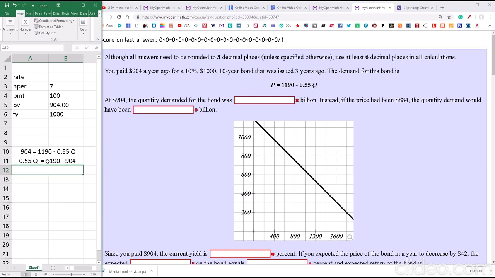And then I'll copy and paste this down here. And then what we'll do is divide the left-hand side by the coefficient on Q. Okay, so then Q is equal to this right-hand side, right?